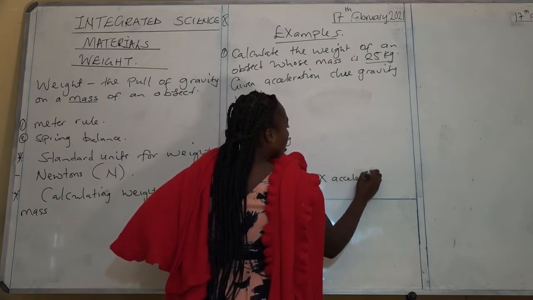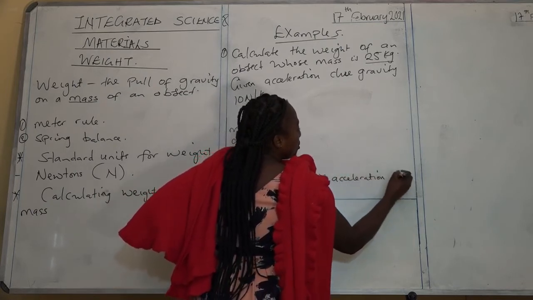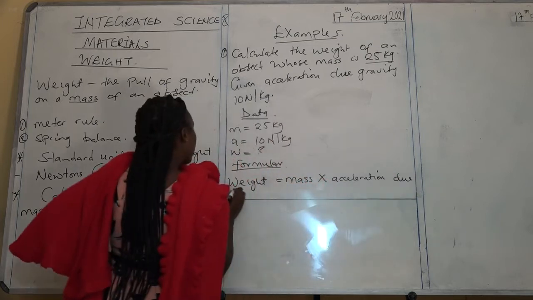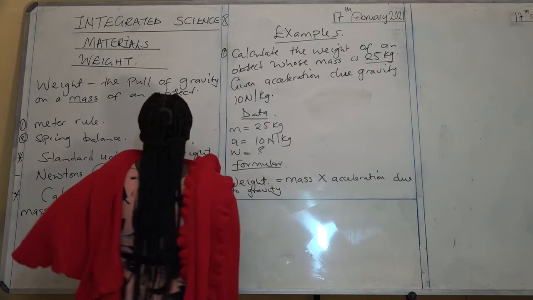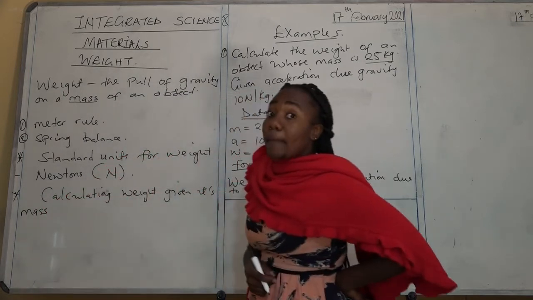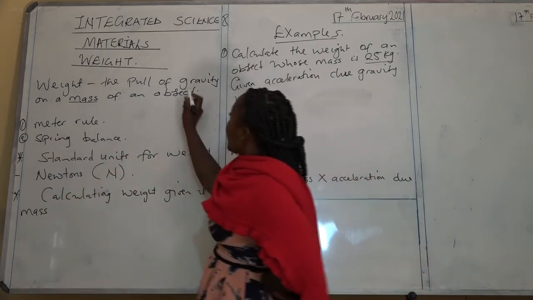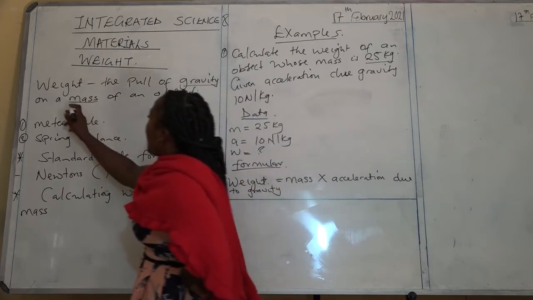Because we've defined weight as the pull of gravity on the mass of an object, so it's dealing with gravity and it's also dealing with mass.